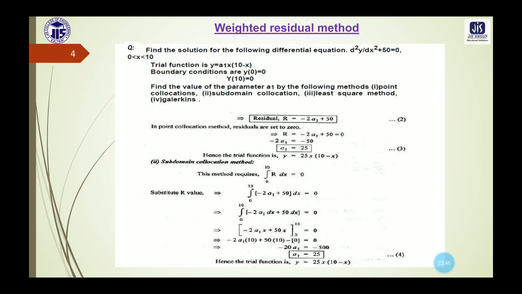So the value of d2y/dx2 is only minus 2a1. That means the residual R equals minus 2a1 plus 50.